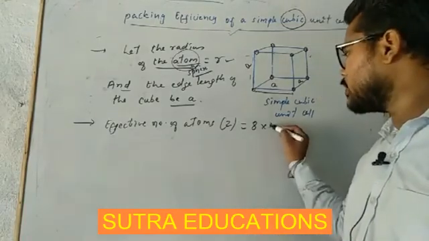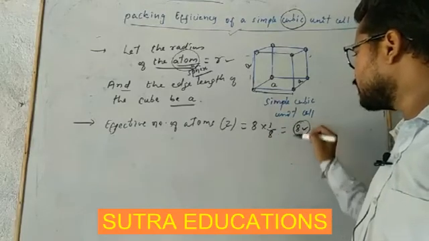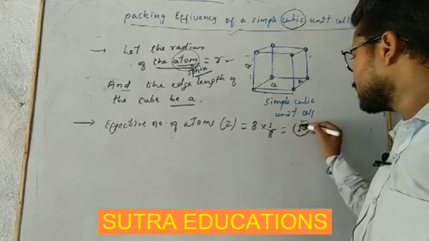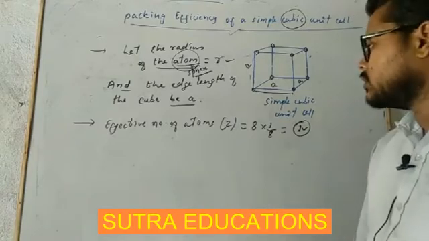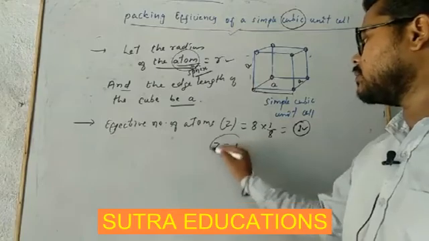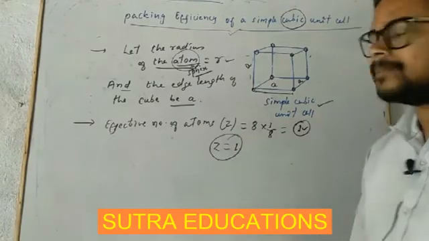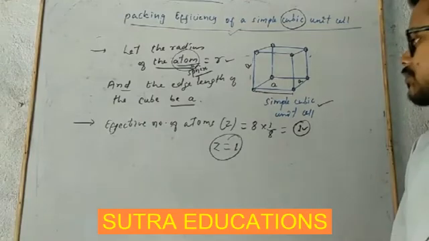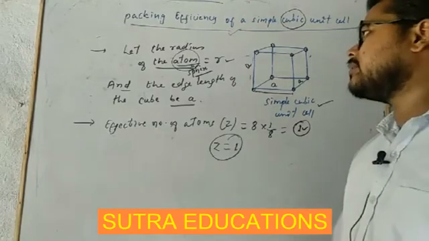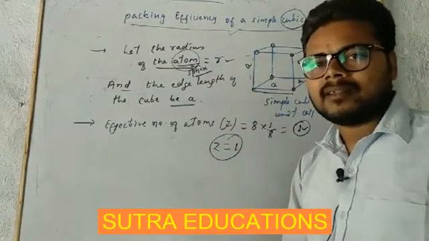So 8 into 1 by 8 will be equal to 1. So we say Z is equal to 1 in case of simple unit cell.